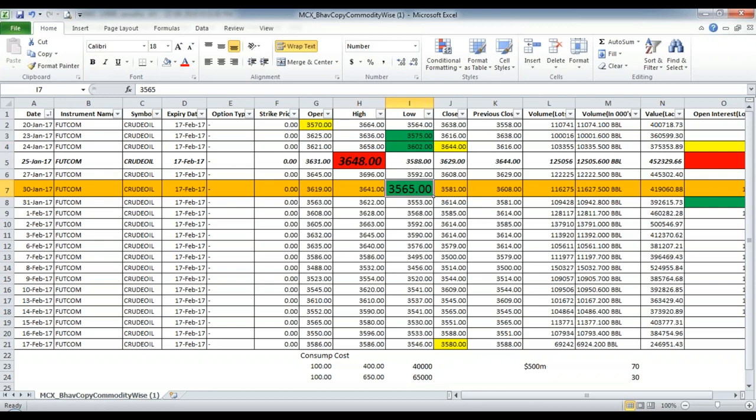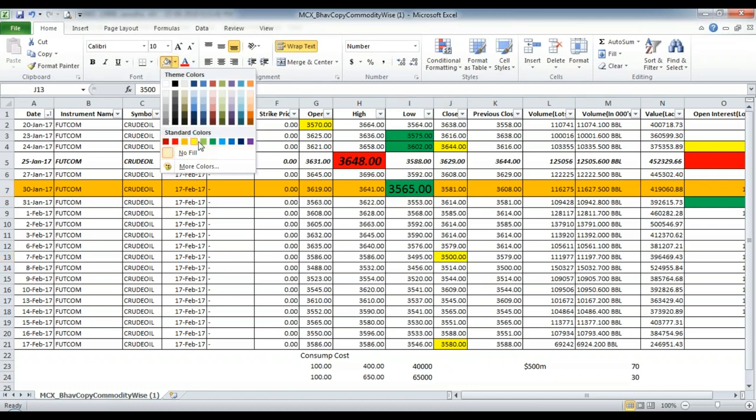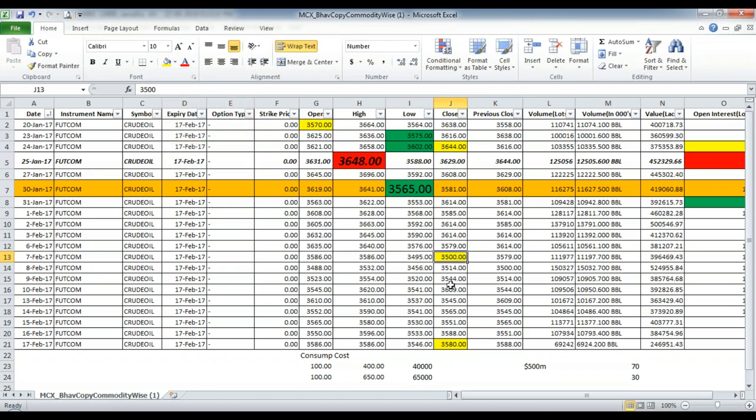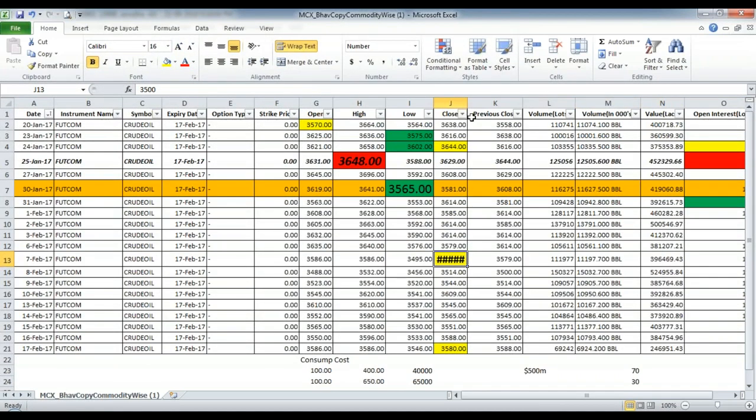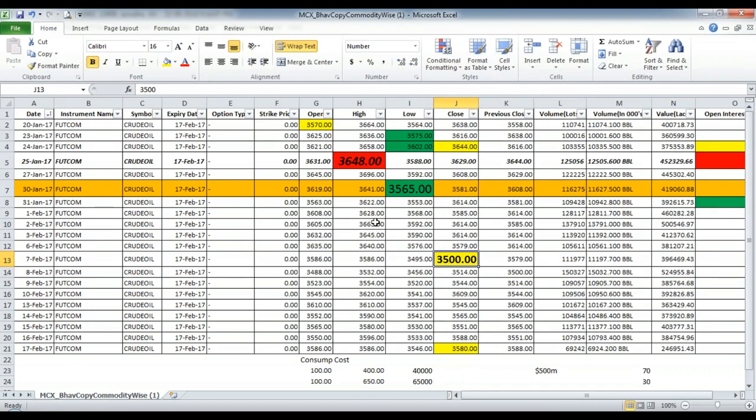Yes, sir. Okay, now tell me, on this day, do you see there is a closing below this level? Point number one. Yes. Okay, so one is here, and on this day, I'm talking about after this is formed.